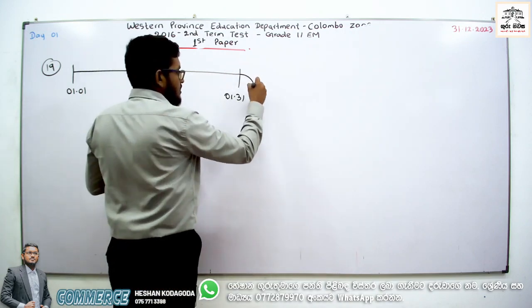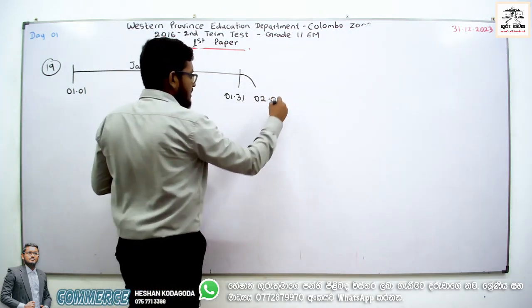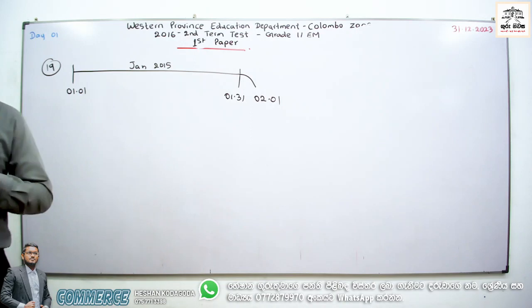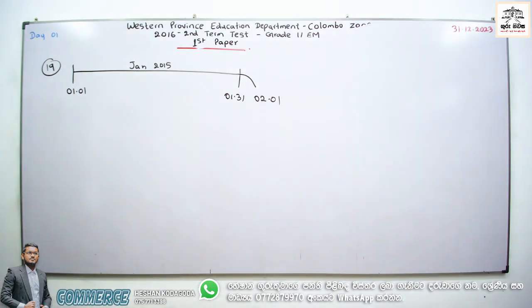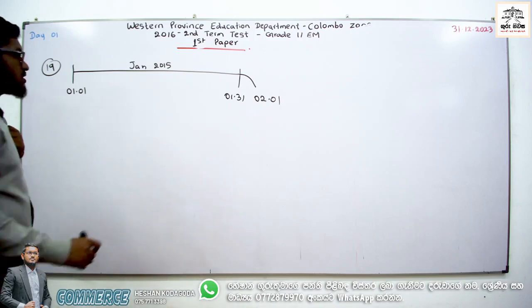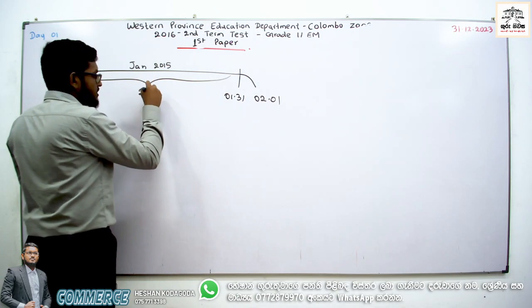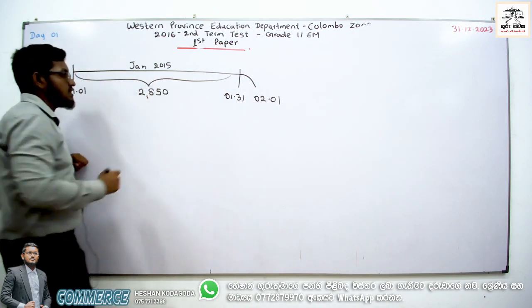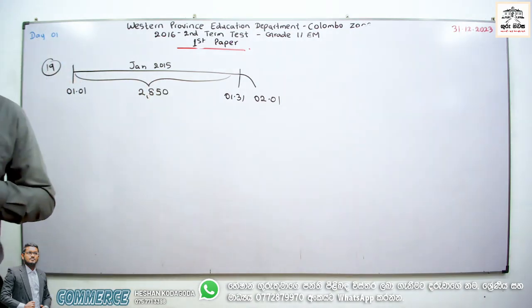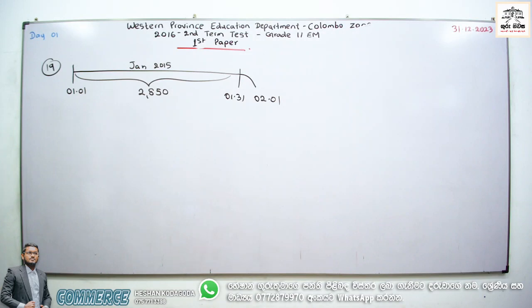Then the next date, February 1st. Am I clear to you guys? Now in here, petty cash expense for the month of January 2015 was 2850. January month expense was 2850. And as at 1st January 2015, the petty cash in hand balance was 150.